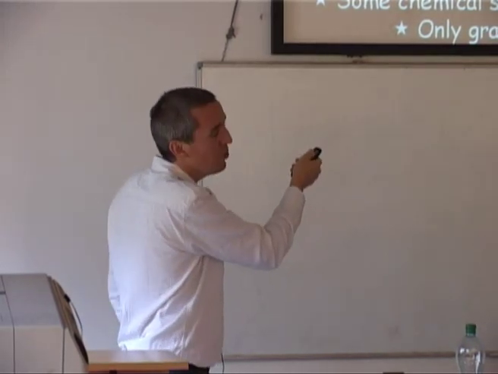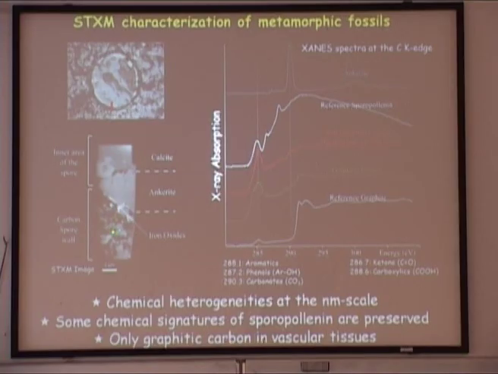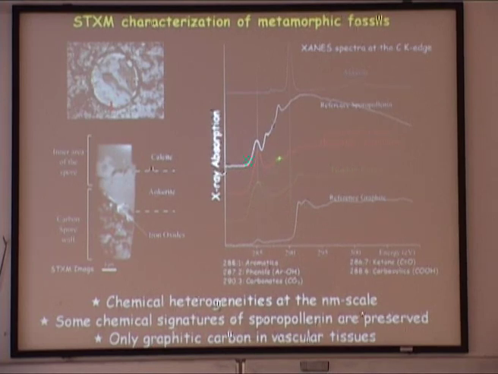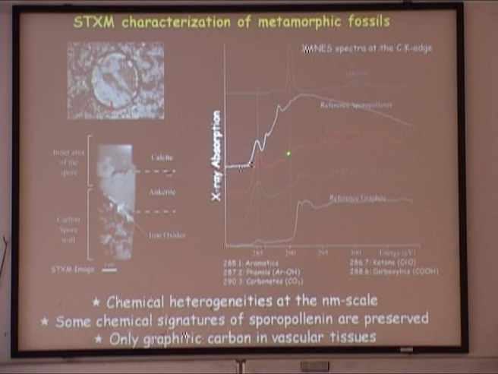So, no news. Now, if we take the green and the red, we have these 2 spectra. Even if you don't know anything about XANES, you see that they look different. Here, for example, you have a peak. There is no peak here, and so on. So, there are some differences.